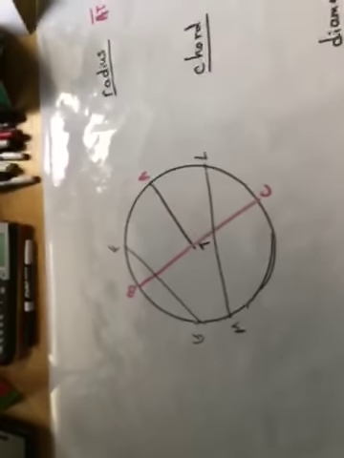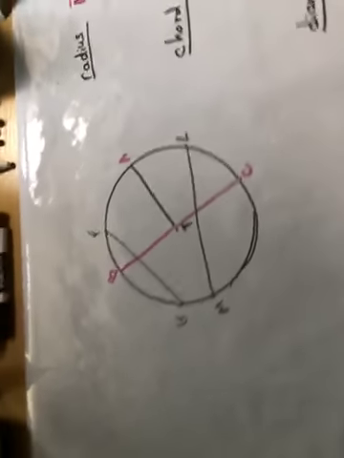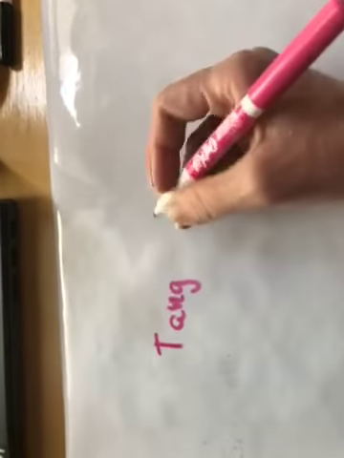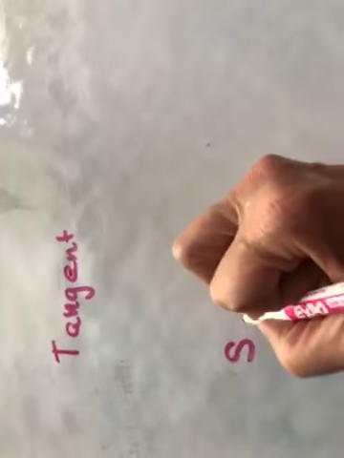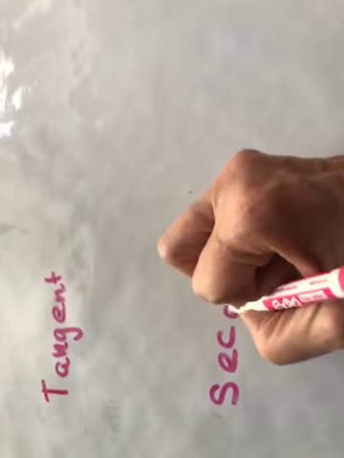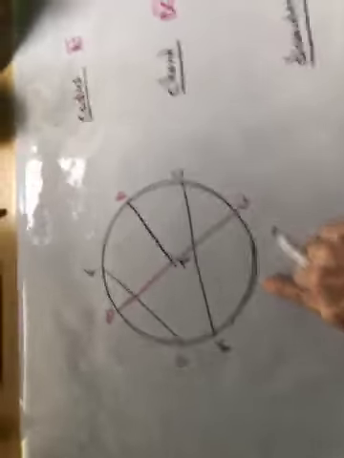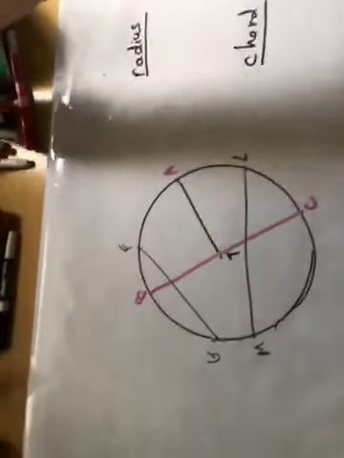My lines that are associated with the circle are called the tangent and the secant. So not to be confused with pre-calc trig functions. Okay, a tangent is a line which touches the circle or intersects in exactly one spot. So my line is going to touch in one spot only to be a tangent.